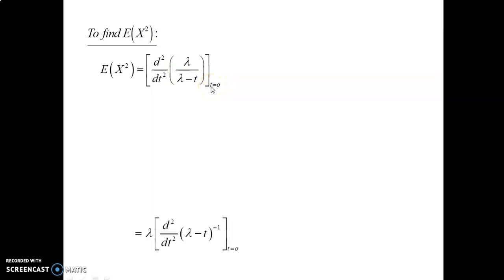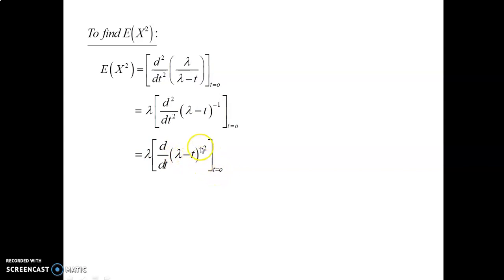Next, we want to find E of x square. The formula is d square by dt square of M_x of t, that is lambda by lambda minus t, at t equal to 0. This can be written as lambda into d square by dt square of lambda minus t the whole power minus 1 at t equal to 0. Lambda into d by dt, having differentiated once, we get from the previous step d by dt of lambda minus t the whole power minus 2.